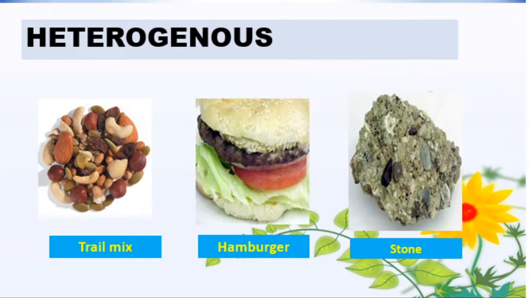Now, air with clouds is heterogeneous, as clouds contain tiny droplets of liquid water. Remember that juice will only be heterogeneous when the juice contains pulp as well as liquid.